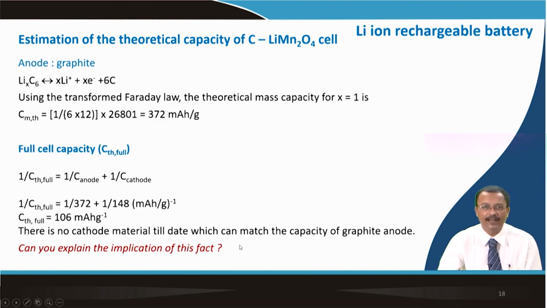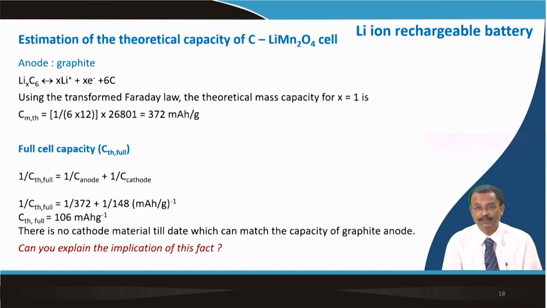Similarly, for the graphitic reaction I can do the same thing and calculate from the Faraday law. Here 1 full electron is exchanged, and this is the carbon molecular weight, and multiplying by 26801, it gives me 372 milliampere hour per gram.